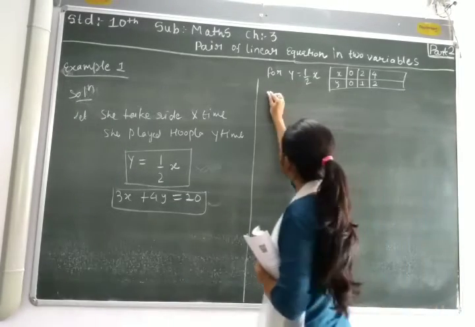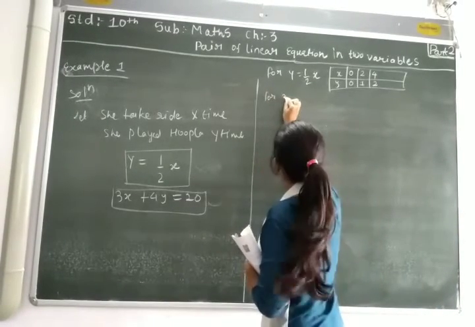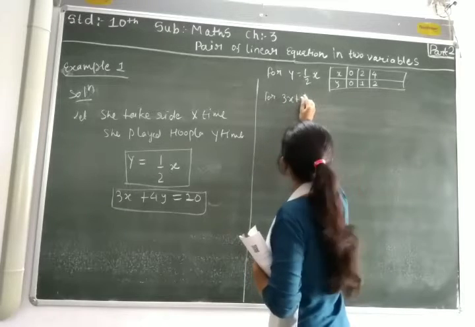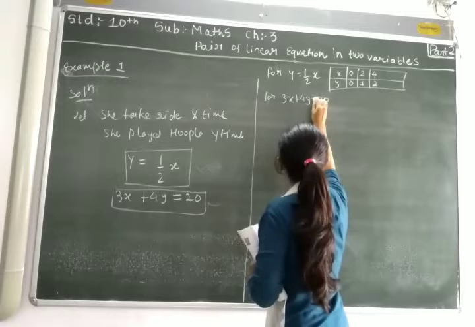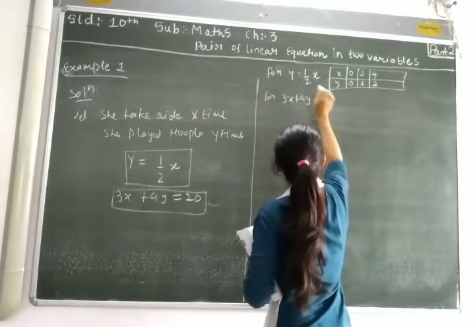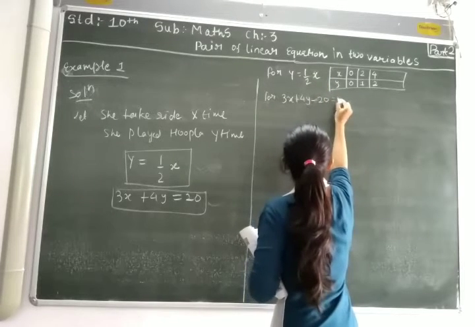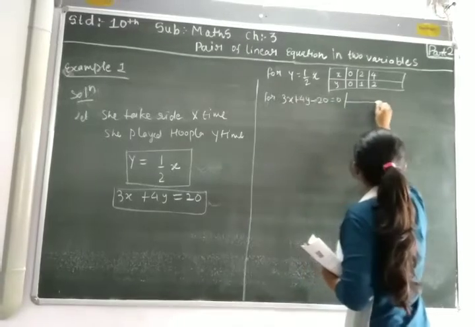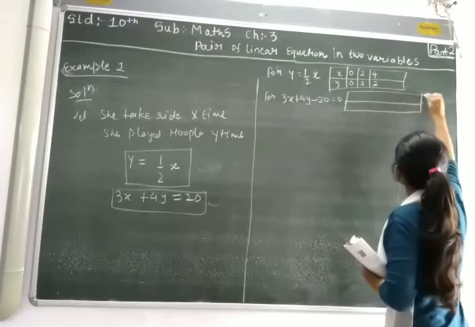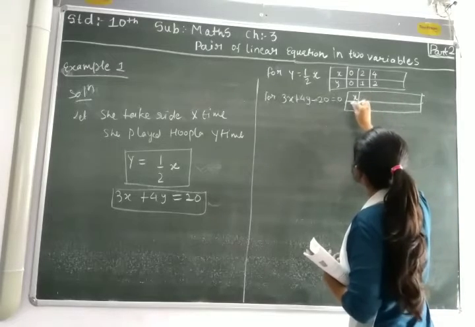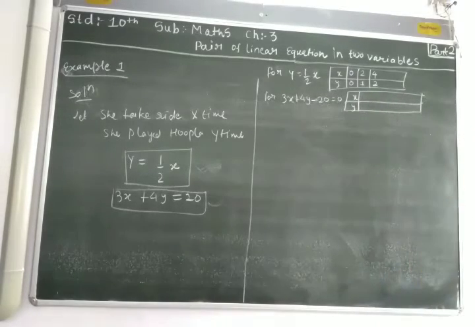Now 3x plus 4y equals 20, so 3x plus 4y minus 20 equals 0. Now x and y. If I take y equals 0, what I am getting over here is x equals 20 by 3.